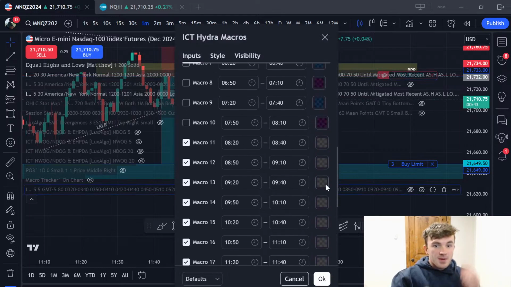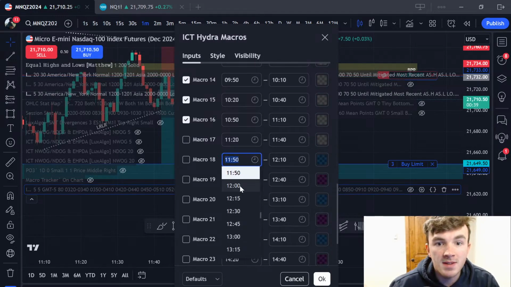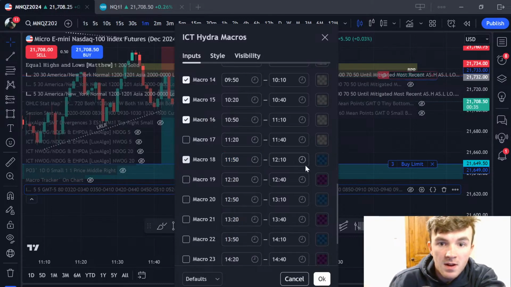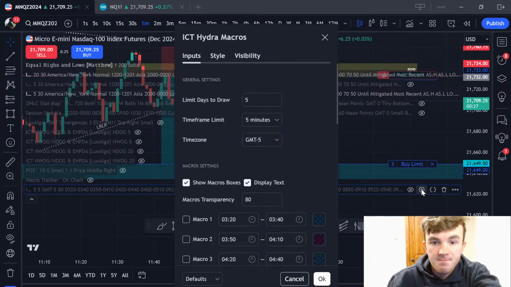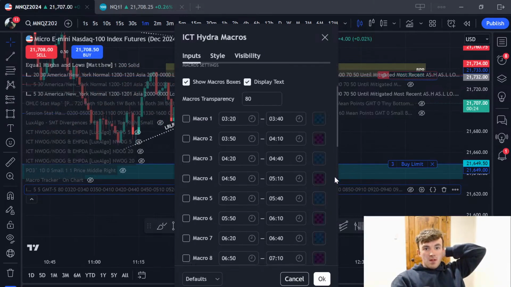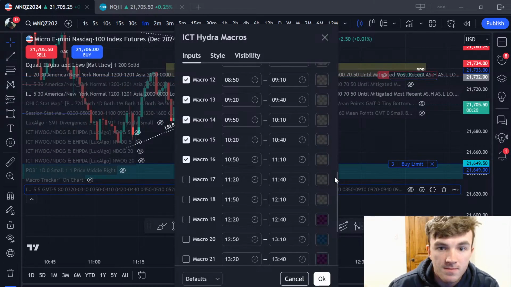Yeah, I think I'm gonna get rid of the 1150, 1120 to 1141, or I'll keep them in here, but I'm not going to have them turned on. I'll just turn them on as needed. 1150 to 1210.